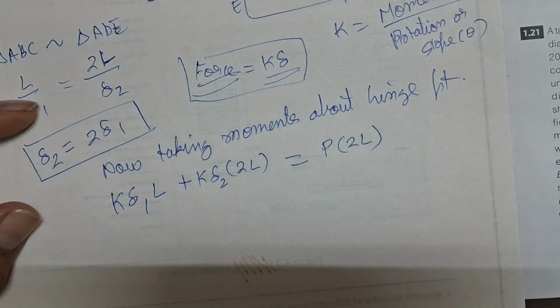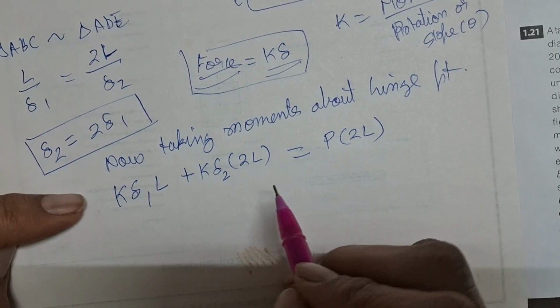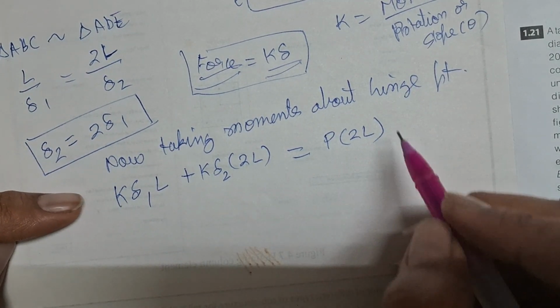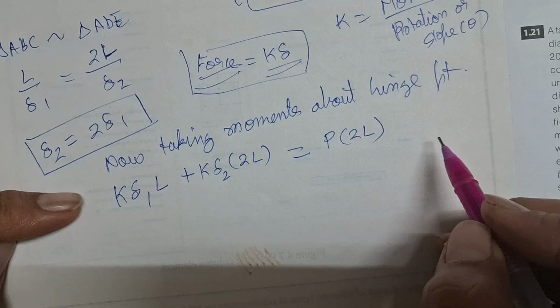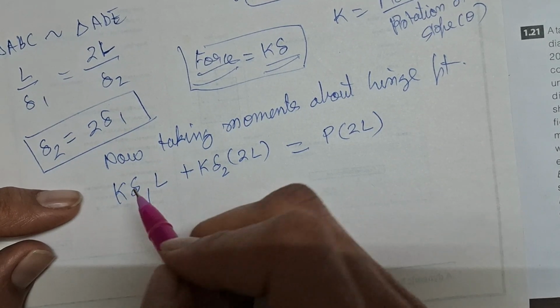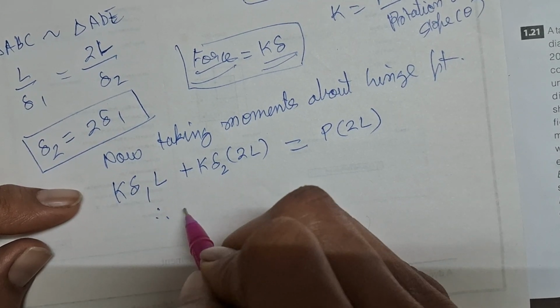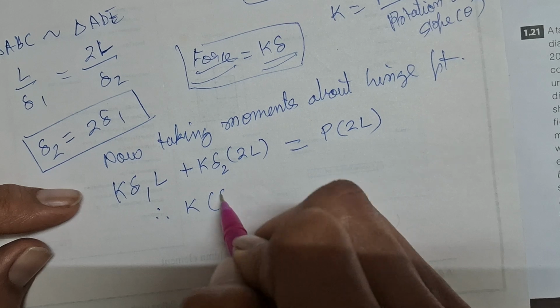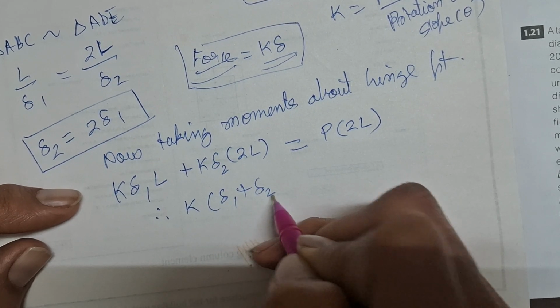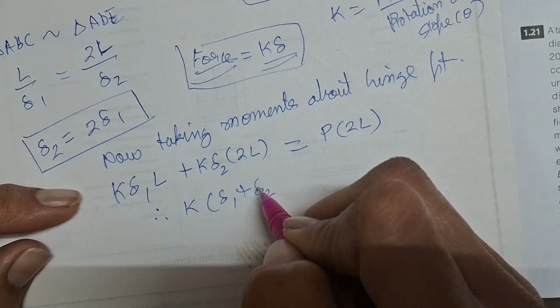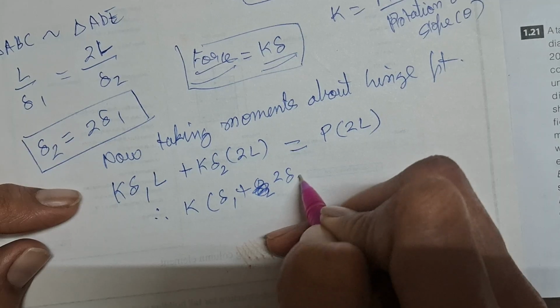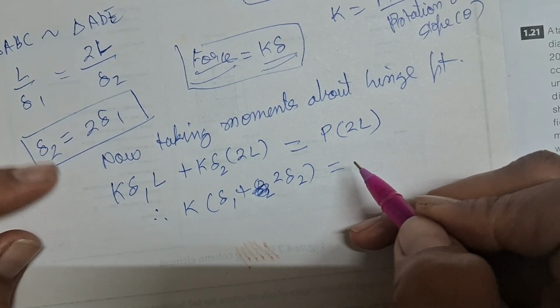I can easily write. Okay, so L we can cancel from all sides. Let's take K common: K into delta 1 plus 2 delta 2 is equal to 2P.